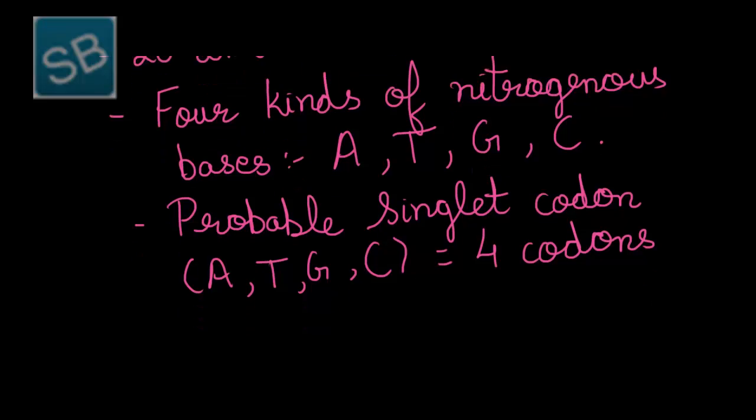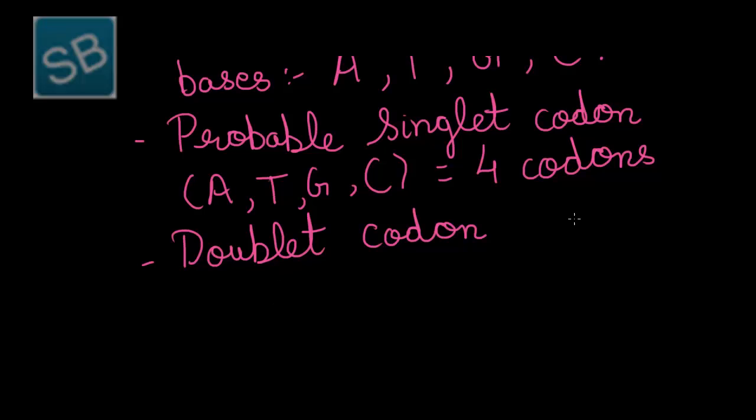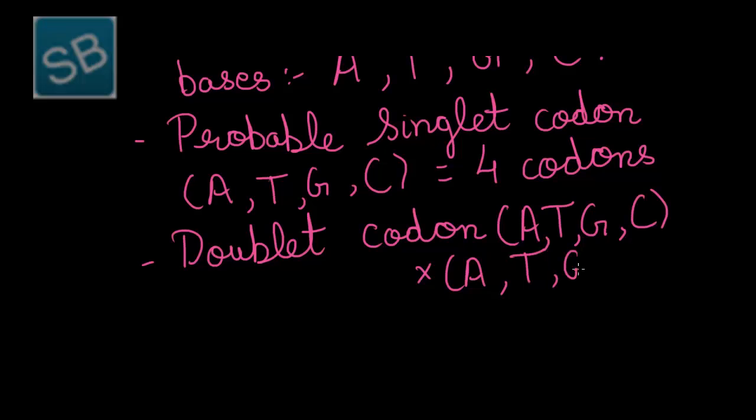So the second probability that was taken was of doublet codon. That is, A, T, G and C multiplied with the same bases, that is A, T, G, C. So the probable number of codons that becomes arranged by the multiplication of the two would be about 4 into 4, that is 16 codons. Such 16 codons would also be insufficient for coding 20 amino acids.